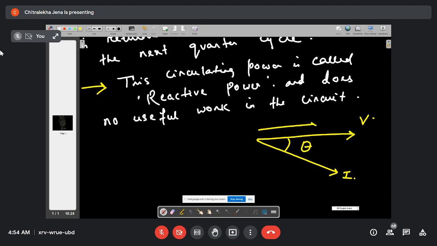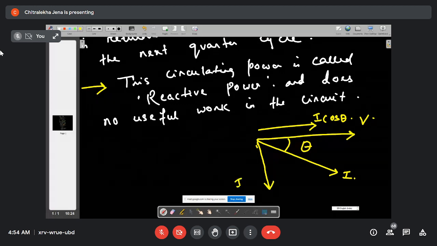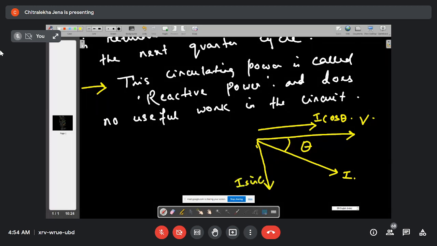One component is I cos theta, which lies along the applied voltage. Another component is I sin theta, which is in quadrature with the voltage. In quadrature means 90 degrees out of phase from the applied voltage. So I have two components of current.